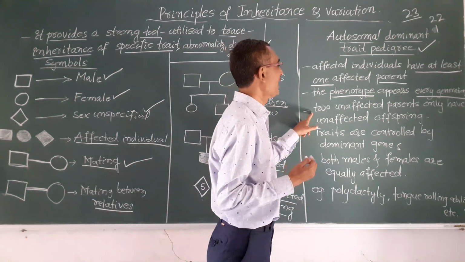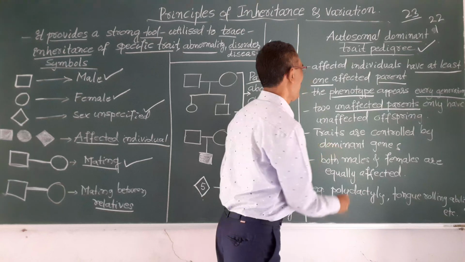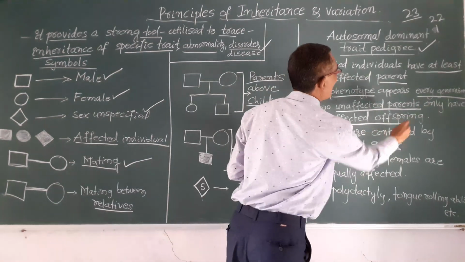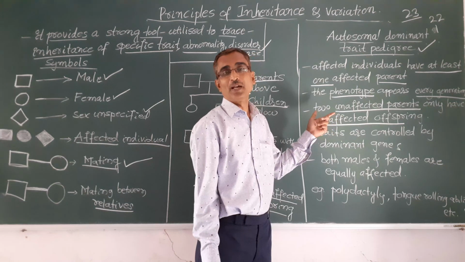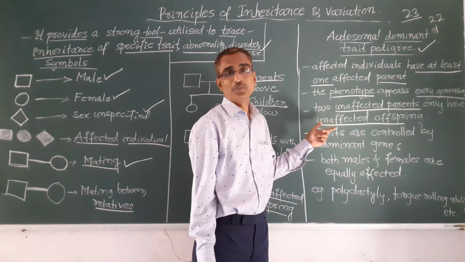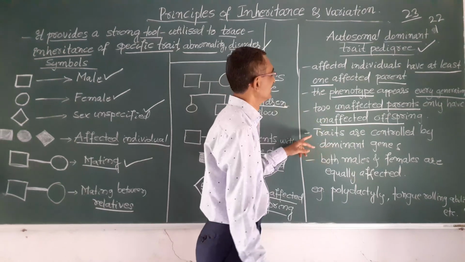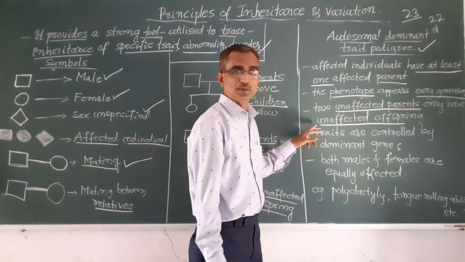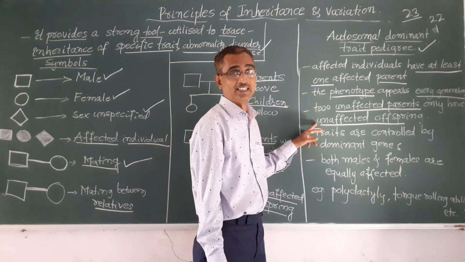And 2 unaffected parents only have unaffected offspring. So when 2 parents are unaffected, then offspring will also be unaffected, and there will be no affected children here.